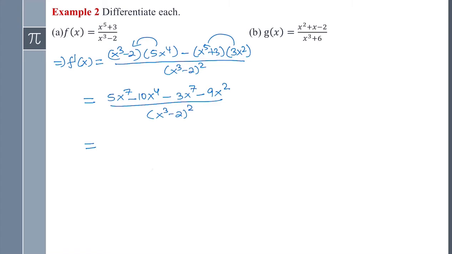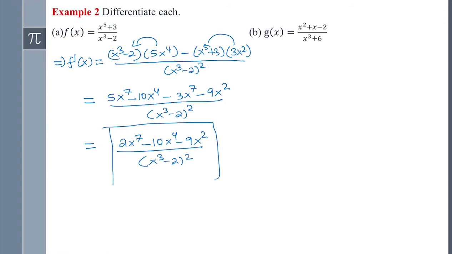Now, let's go ahead and combine the like terms. So 5x to the 7th minus 3x to the 7th is 2x to the 7th. And then we have minus 10x to the 4th, and then minus 9x squared, everything divided by x cubed minus 2 squared. And then we'll just leave it here. We cannot simplify further.